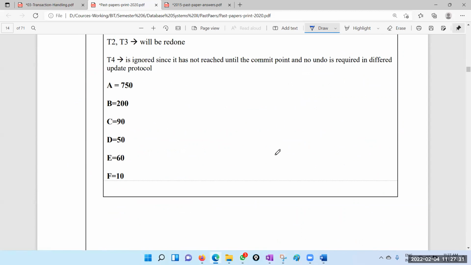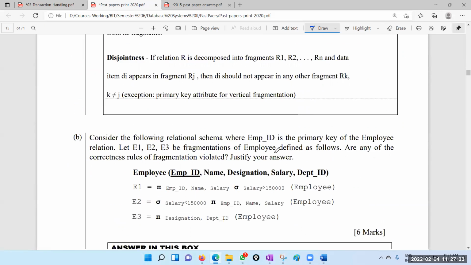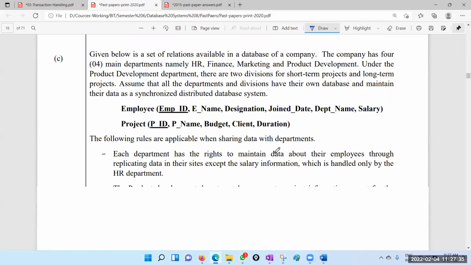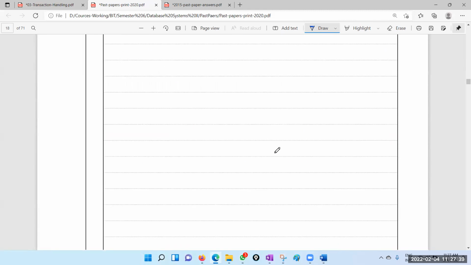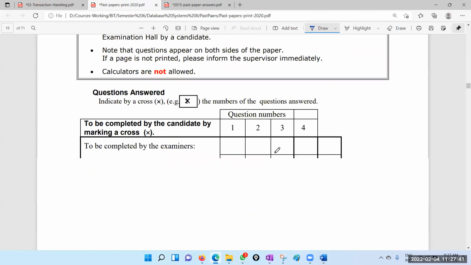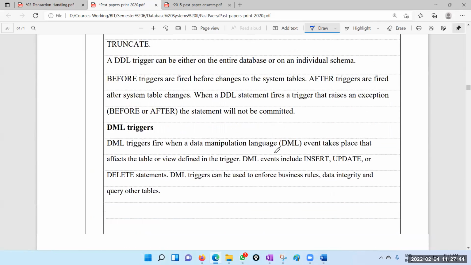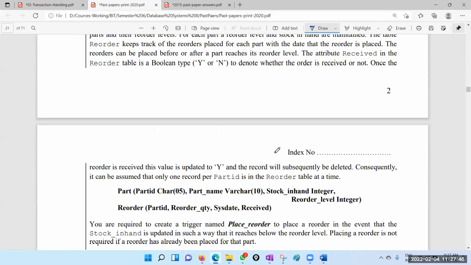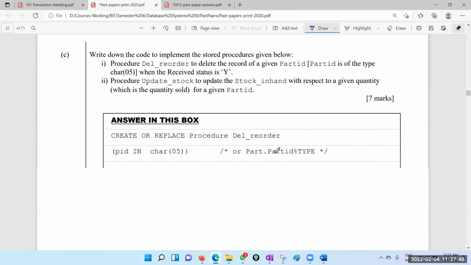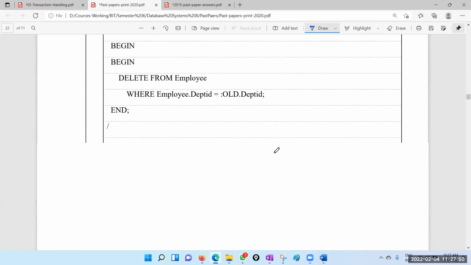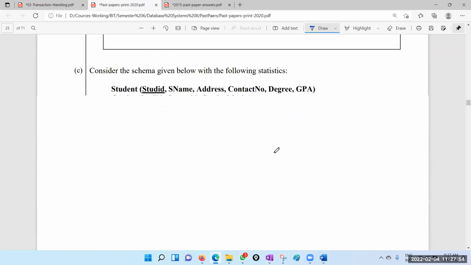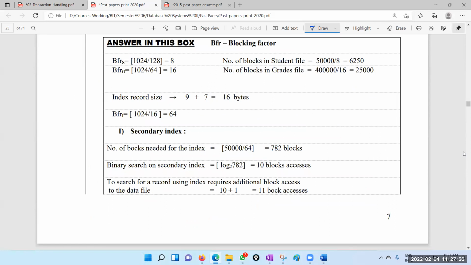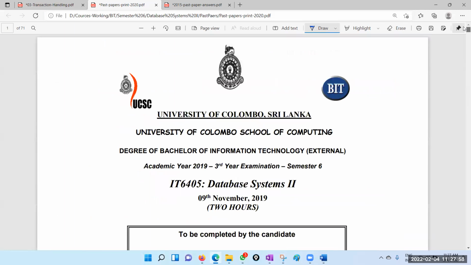Right. So let's see whether there are any other timestamp based questions. Timestamp based questions are always fuzzy, interesting, challenging. Okay, we'll finish all the transaction questions.